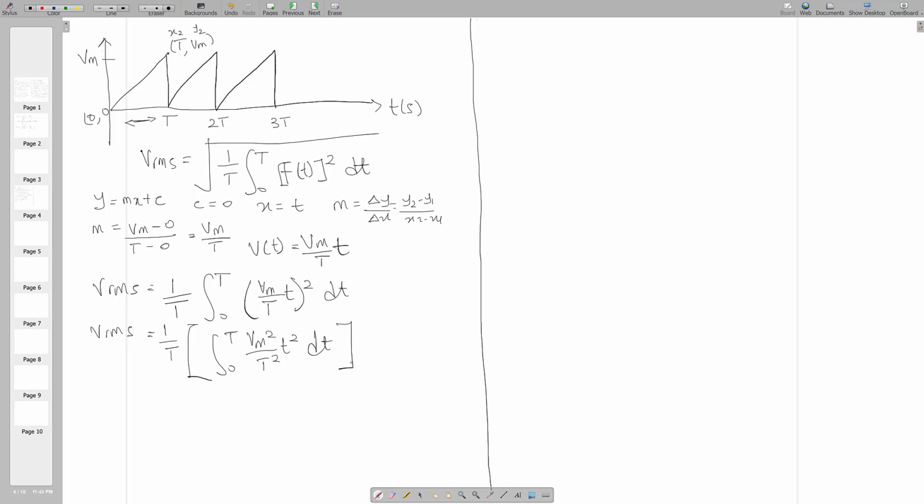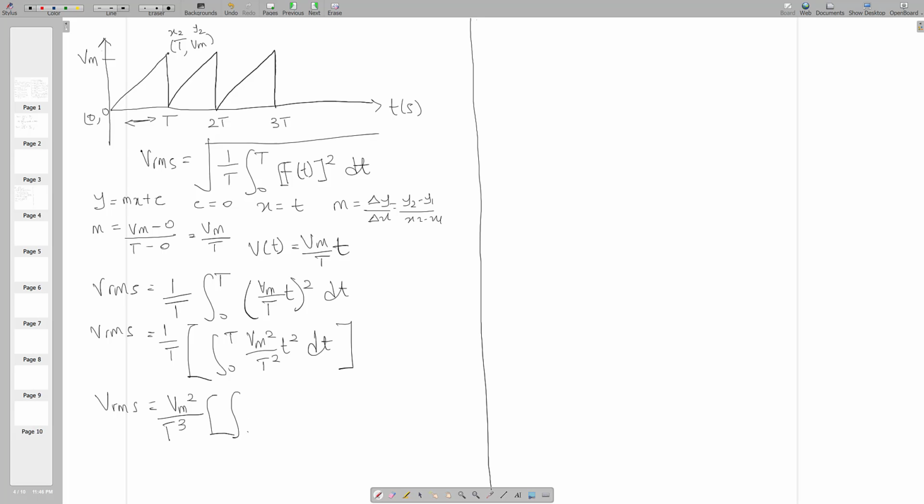dt. So we know that Vm squared on T squared is constant, so we can bring it out so that it will multiply the 1 over T here. So our VRMS will be equal to Vm squared all over T cubed. That is T times T squared over here. You get T cubed.